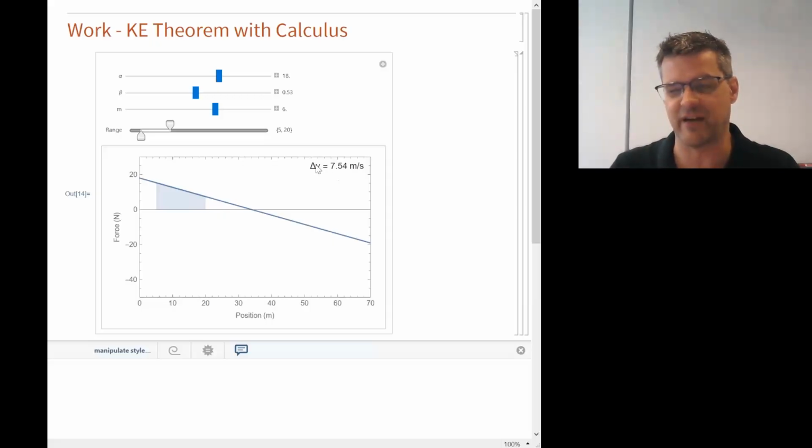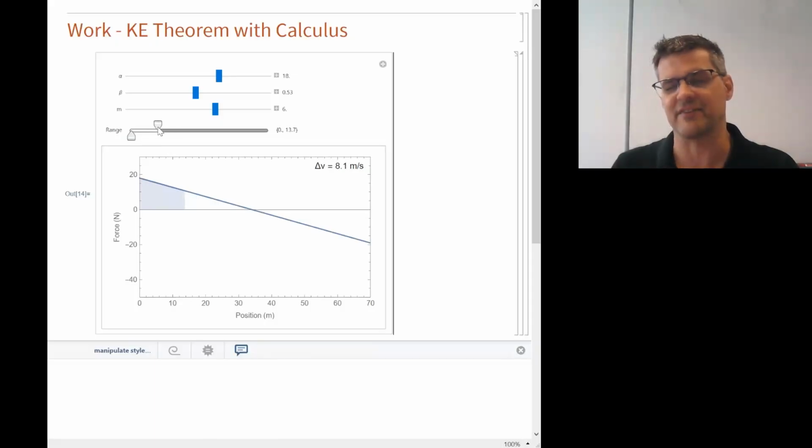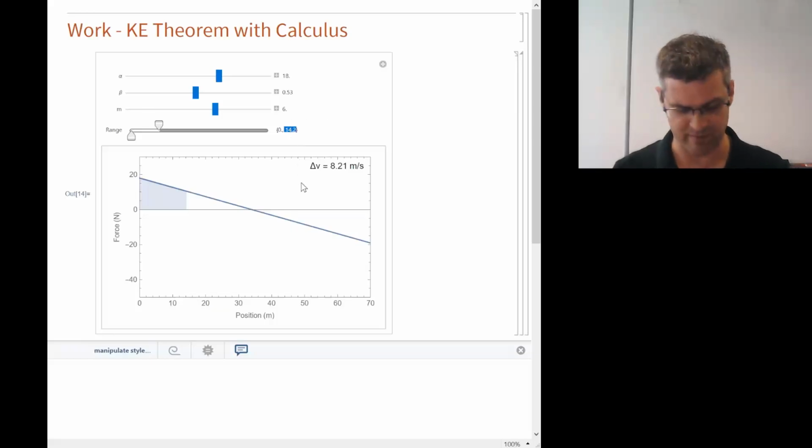So in our problem, we were told that we were going to start at 0 velocity at a position of x equals 0. And we were supposed to find the velocity after some amount of distance has been traveled. I think it was 14 meters or something like that. So I can put 14 in here.